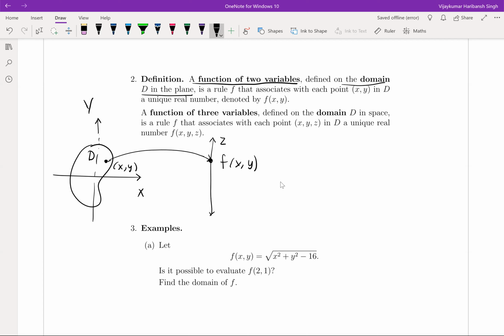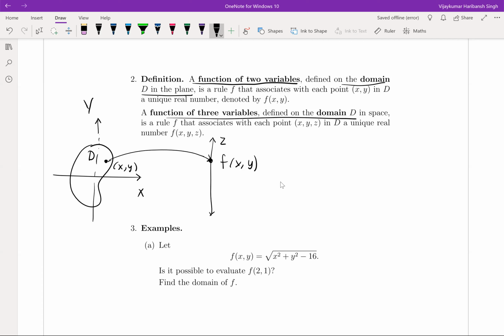Similarly, if you take any other point a, b, it will get mapped to this. So such a function is called a function of two variables. Similarly, we can have a function of three variables or a function of n variables for that matter.